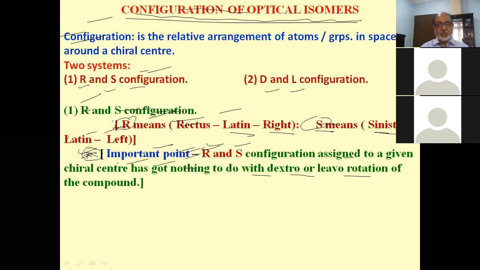But here, the molecule is given the configuration R or S depending on the arrangement of atoms and groups in space. That is definite. We just see the molecule in three dimensions and denote it as R or S. That is why I have written it specially. It is important that R and S have nothing to do with your optical rotation.